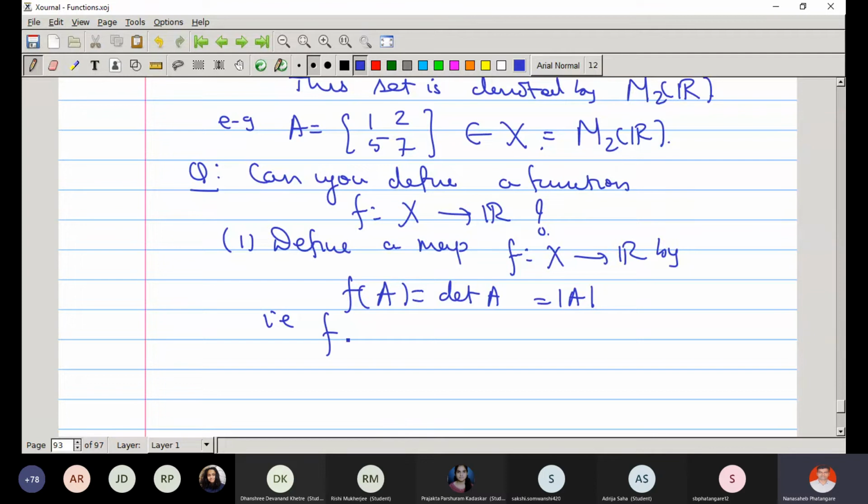That is f of the matrix A, B, C, D, a 2 by 2 matrix in set X. Then it is AD minus BC, and it is clearly a real number. So is it a function now? Can we apply this function on every element in set X?